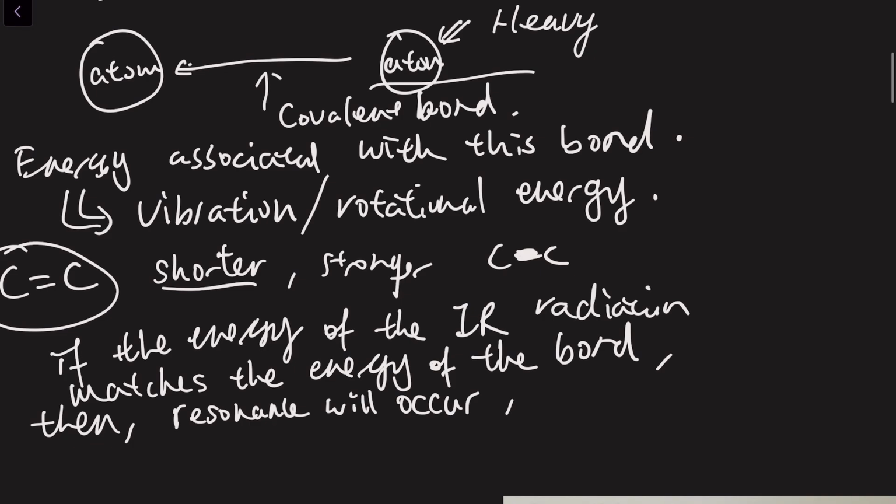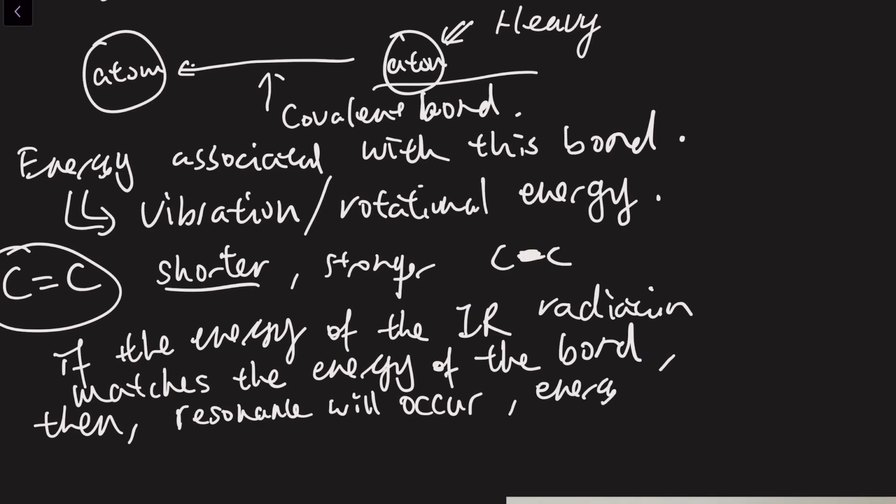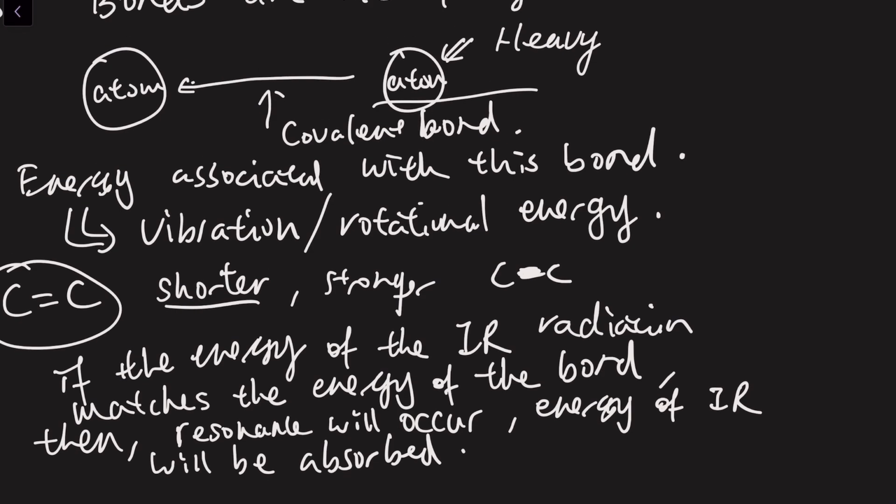Resonance will occur, and the energy of the infrared light will be absorbed. And if the energy doesn't match, then the infrared energy will pass straight through the molecule. So you will not get any absorbance, and thus you have a very high transmittance rate.